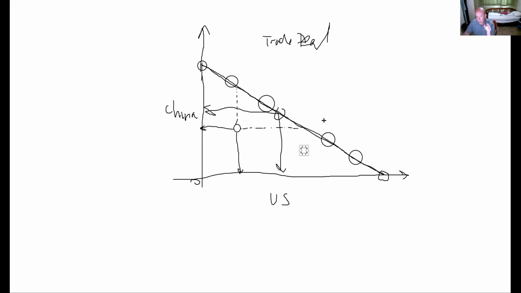And so then the question is, oftentimes when we're going into a trade deal, we think of ourselves as probably inside this and trying to move it so it maximizes the benefit for both. But the question is a movement from this one to this one.